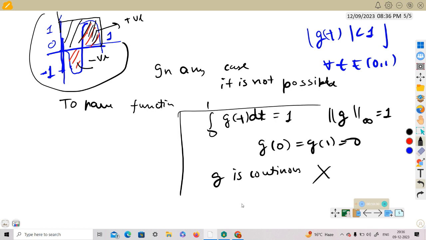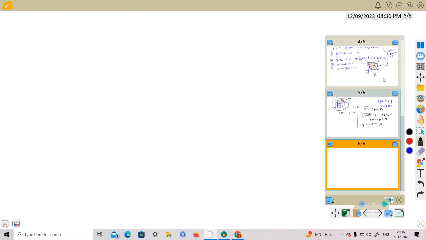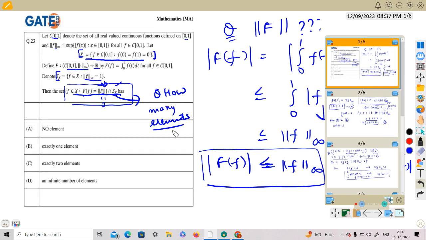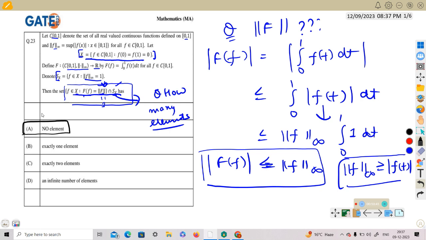Not possible. So no element can lie there. This implies there is no element which is possible here, because we have taken g to be an arbitrary element in this set. So the answer, the solution is A, no element.